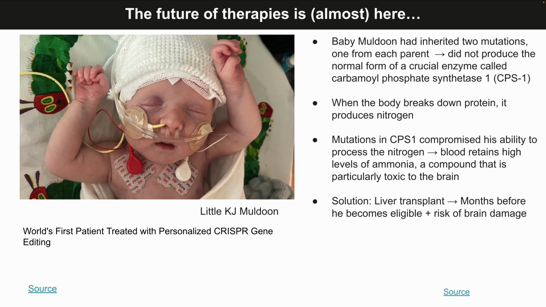The solution that came was that they could sequence his genome, his DNA. And in the past few years, we know how to make edits in a much more precise manner. So you can develop what's called a personalized CRISPR treatment. All of this became possible because of CRISPR, but also the ability to decipher where these changes are required to reverse the ill effects of a disease like this.